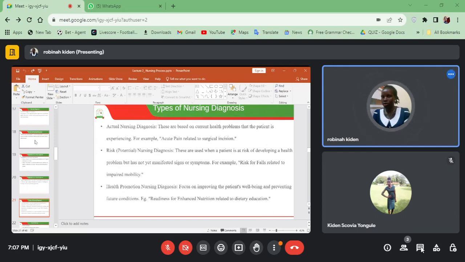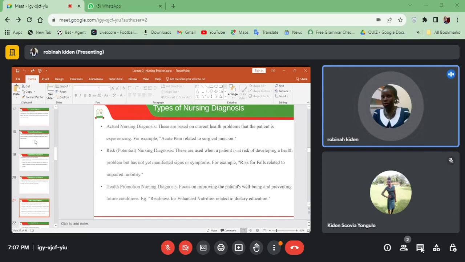The patient is not able to move well, maybe because the patient is just from surgery. So if he tries to move, the patient is likely to fall. That's why we say risk for falls. It is not that the patient has fallen, but there's a risk that the patient may fall.